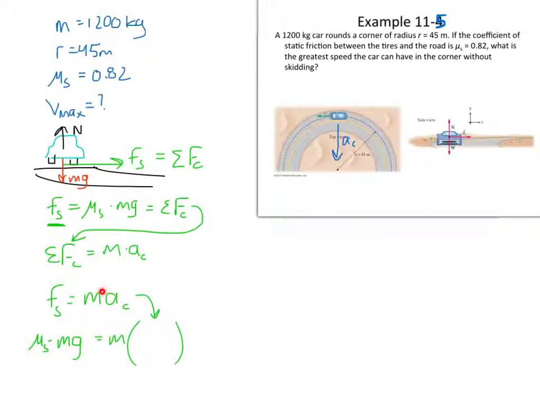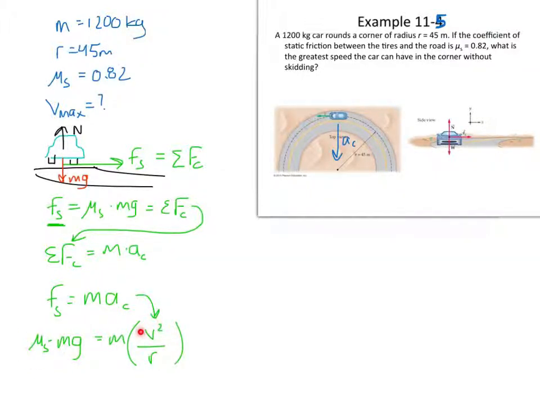What's one way we can state centripetal acceleration with respect to velocity? The first way we did it was v squared over r. So this is our net force, our static friction force. This is our mass. This is our acceleration.